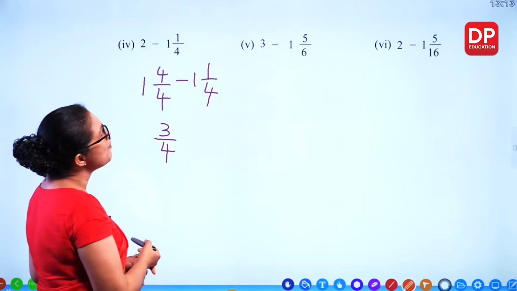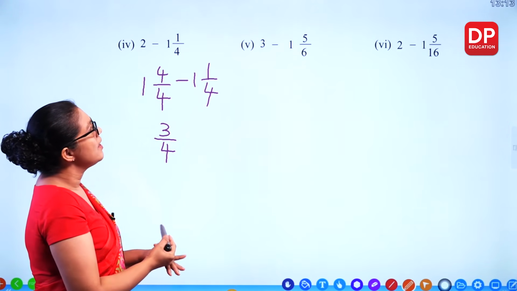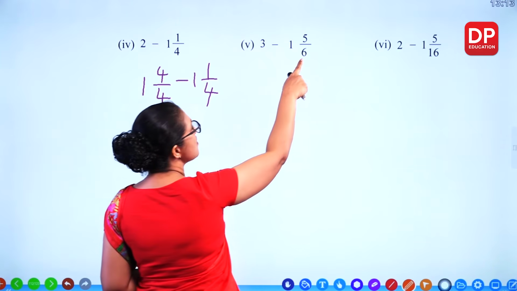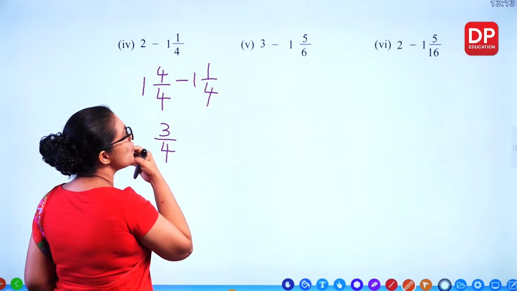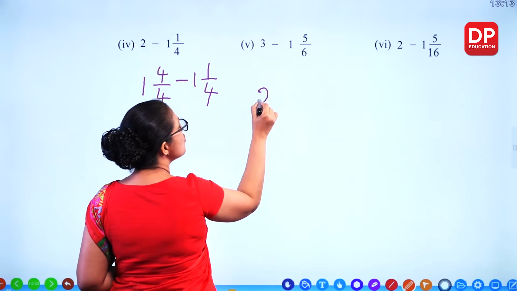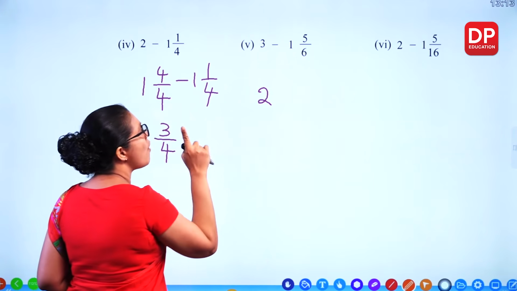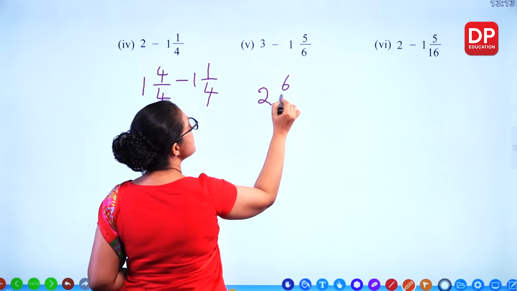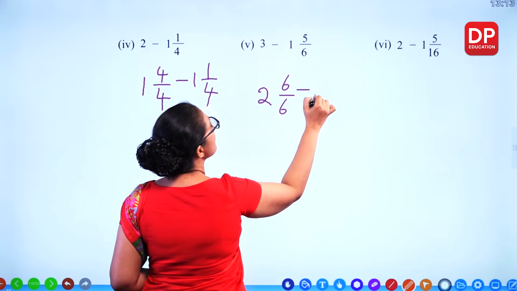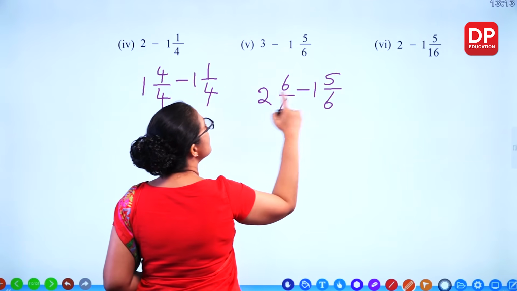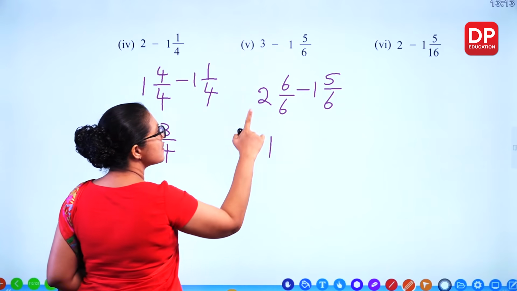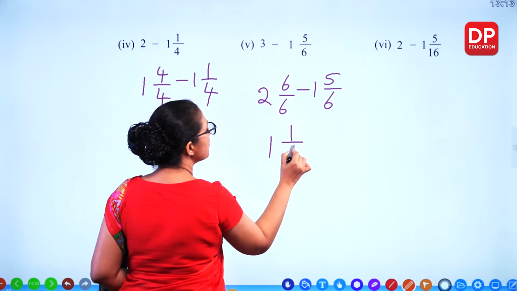This is also the same thing. 3 is there, so you can't subtract a fraction there. So what we do? I can write 2, and instead of 1 whole part, I can write 6 over 6. Now subtract. 2 minus 1 is 1. 6 minus 5, 1.